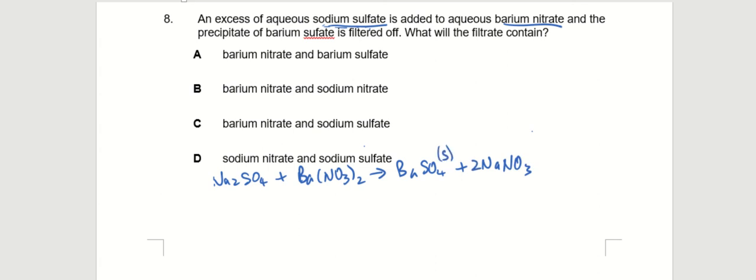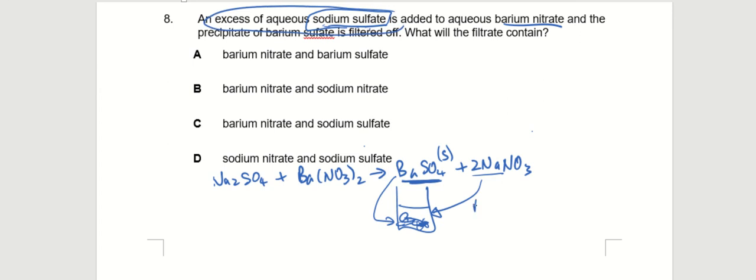Since we are adding these two, we will get barium sulphate as your precipitate. Now we are adding excess sodium sulphate, right? So when we add these two, we will get the precipitate of barium sulfate, and your sodium nitrate, which is the aqueous portion. But since we are adding excess aqueous sodium sulfate, as written in the question, there will also be excess sodium sulfate in here.